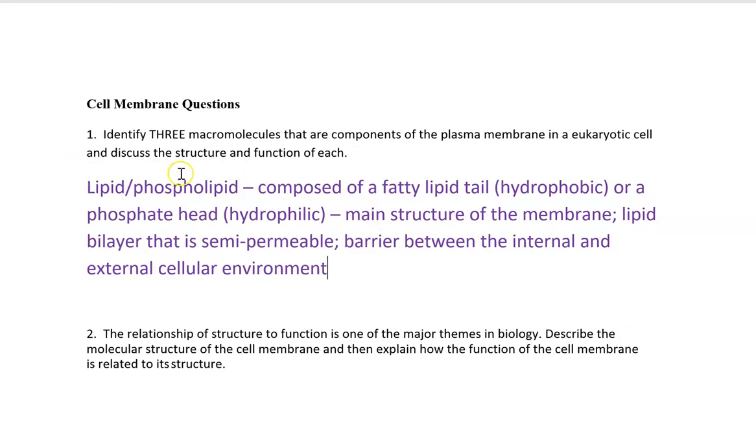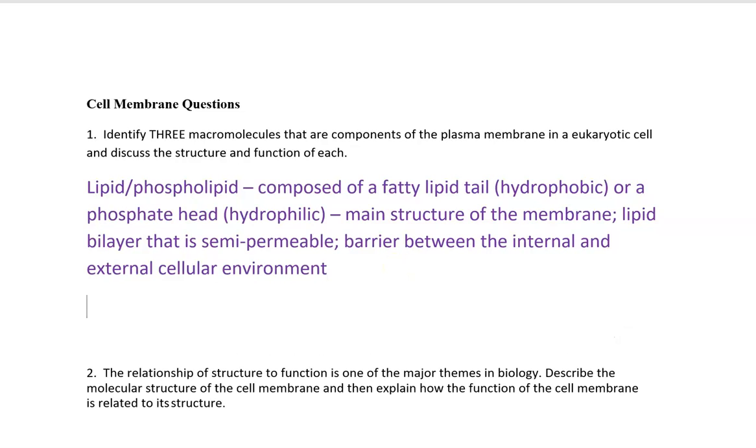Okay, so we have the macromolecule, the lipid or the phospholipid. We have some structural features of that molecule, and then the function of that particular macromolecule. What's another macromolecule that is located in the cell membrane? Proteins.